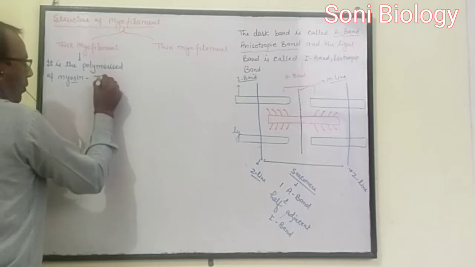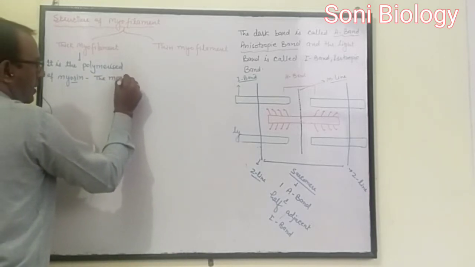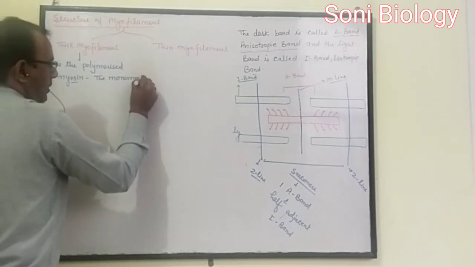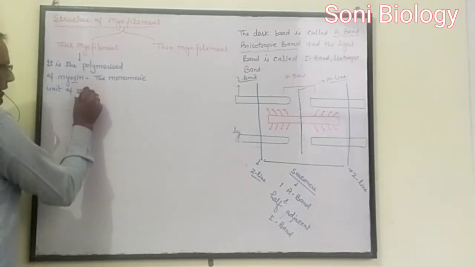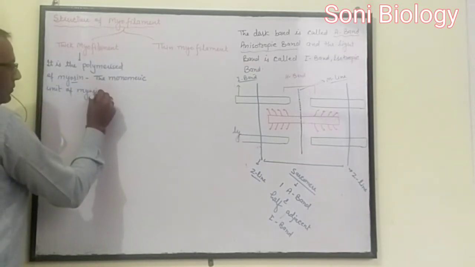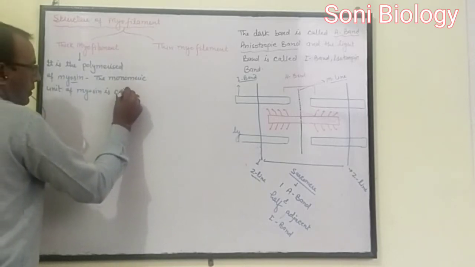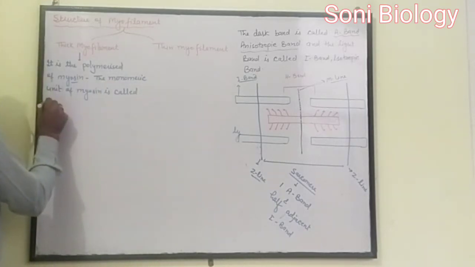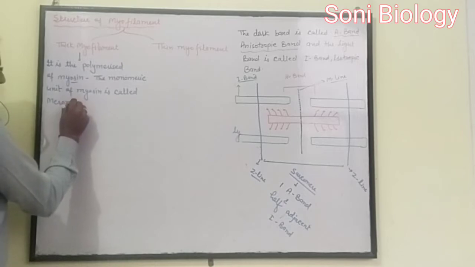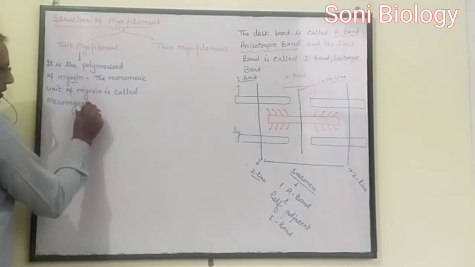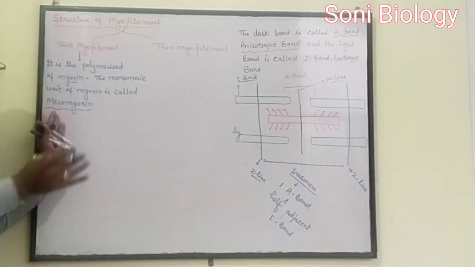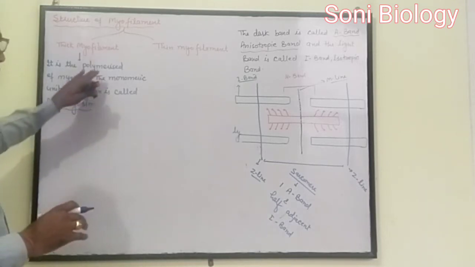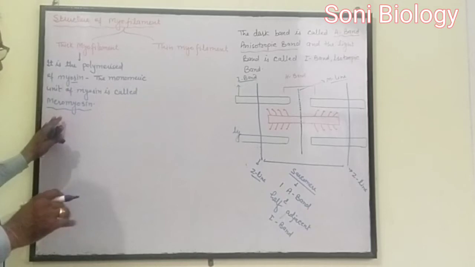The monomeric unit of myosin is called meromyosin. Single unit of myosin is called meromyosin. Many meromyosins combine and form a polymerized myosin.